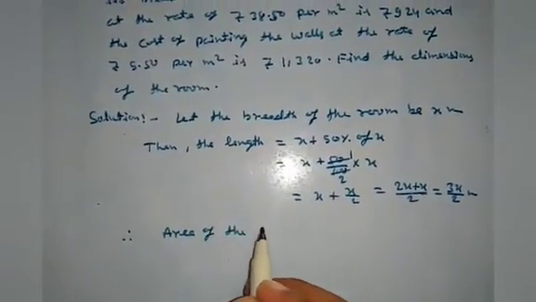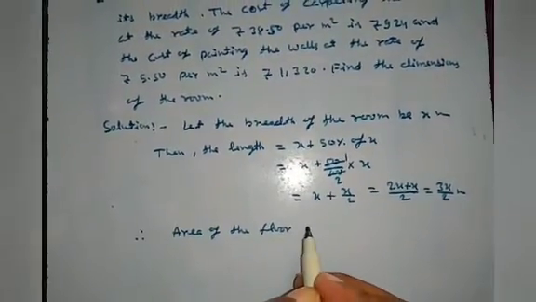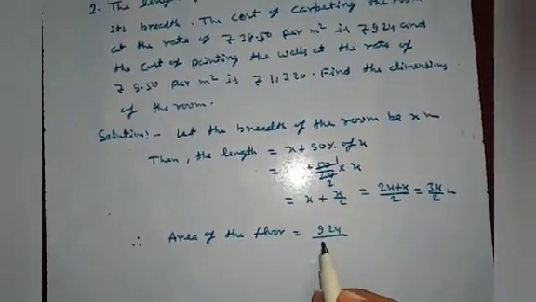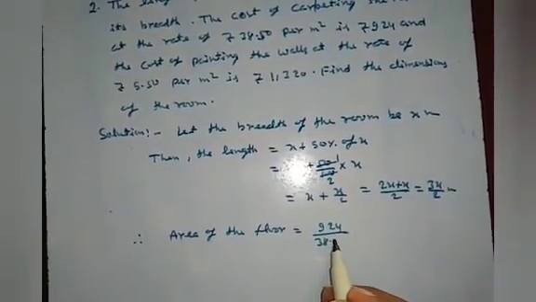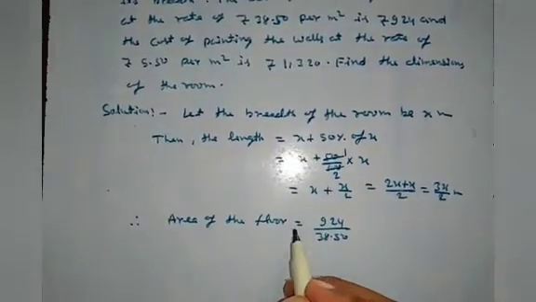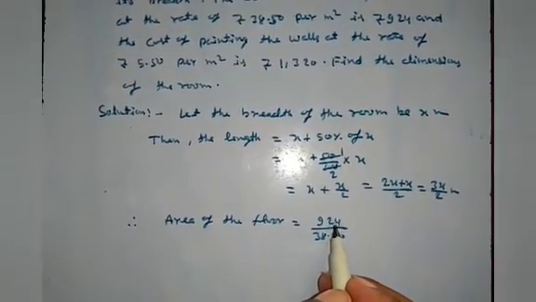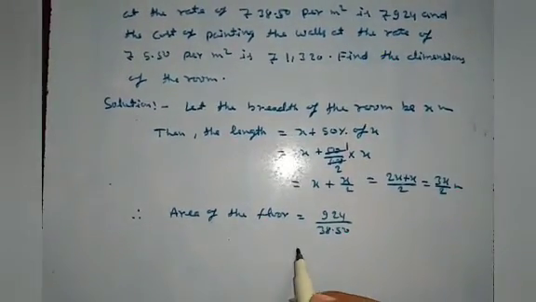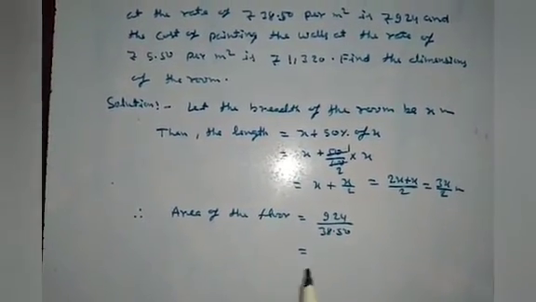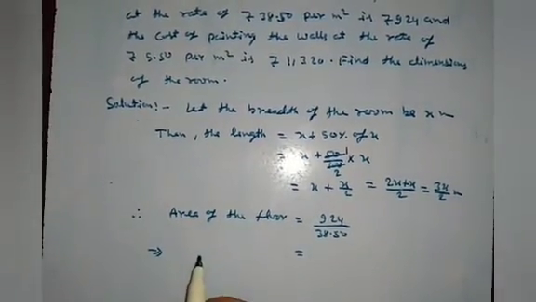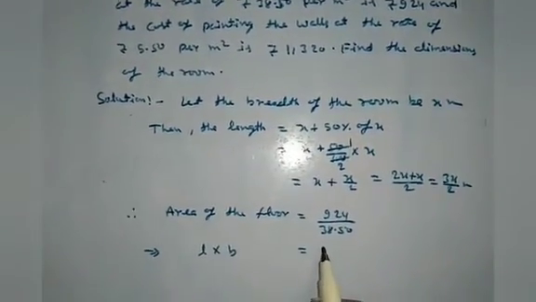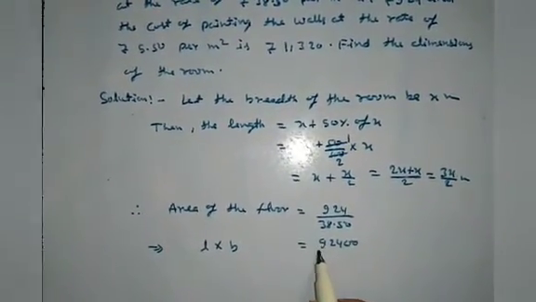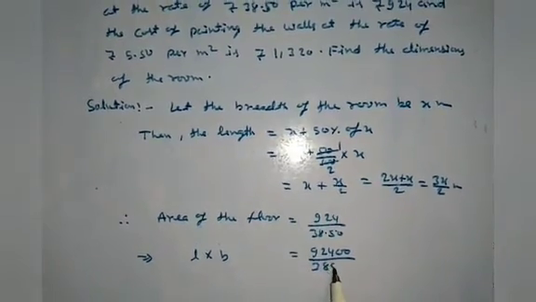of the floor equal to 924 divided by 38.50. It means total cost of carpeting divided by rate of carpeting, or L into B, equal to 92400 by 3850.